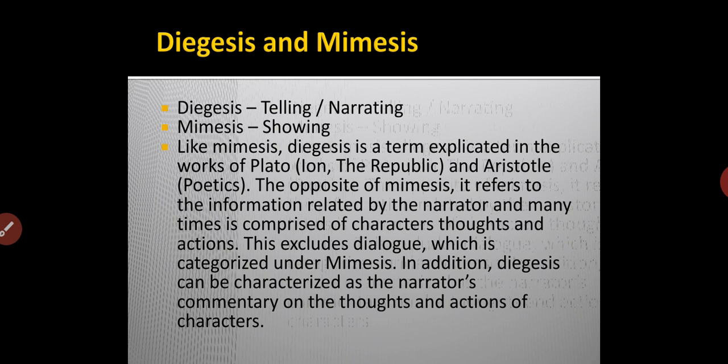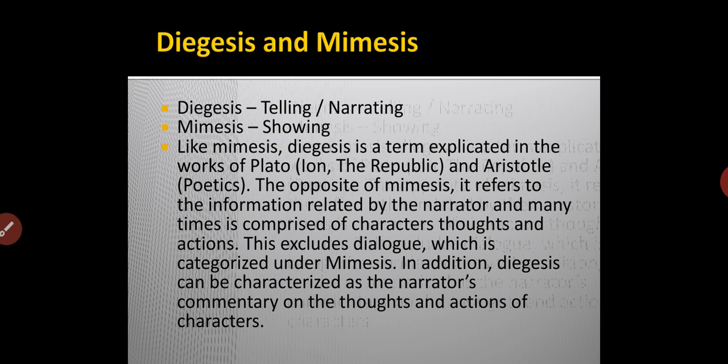Many people tend to confuse that dialogue belongs to the category of diegesis, which is not the case. Dialogues are mimetic, because the actors are miming it, or the character is miming it of real life, whereas diegesis is something that is related to you by the narrator, by the author. Okay, it is told to you.